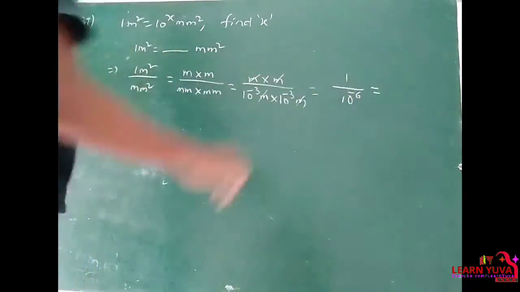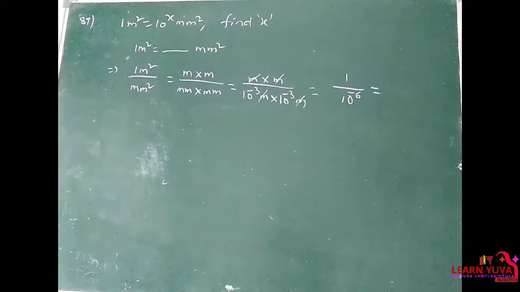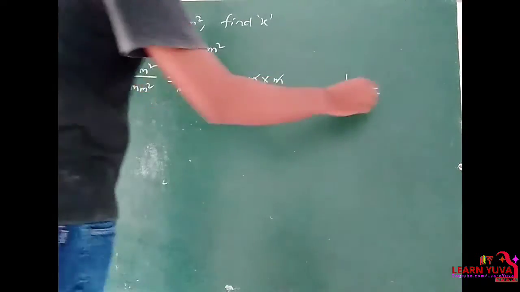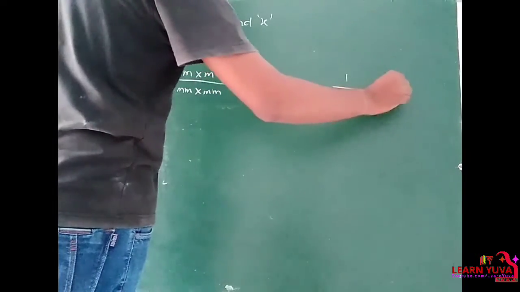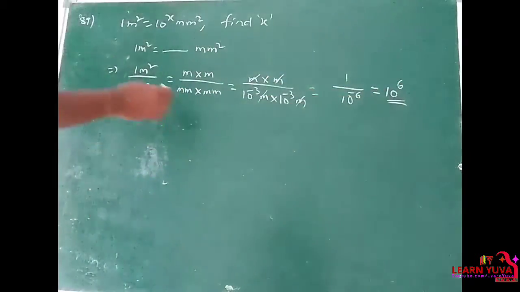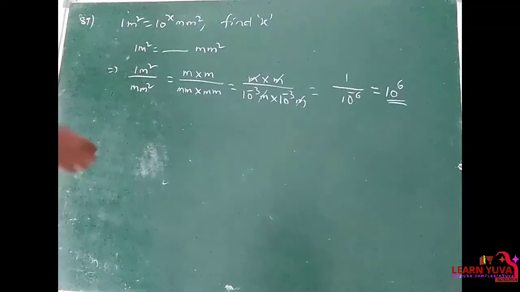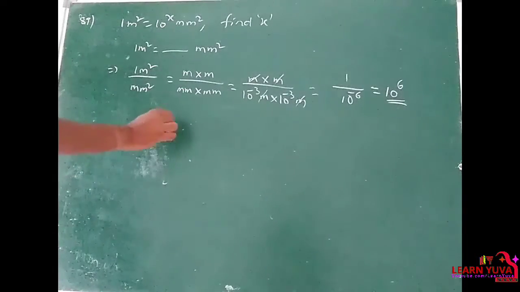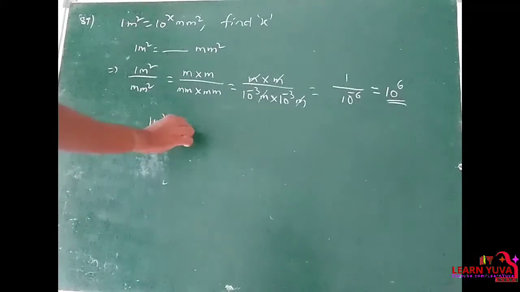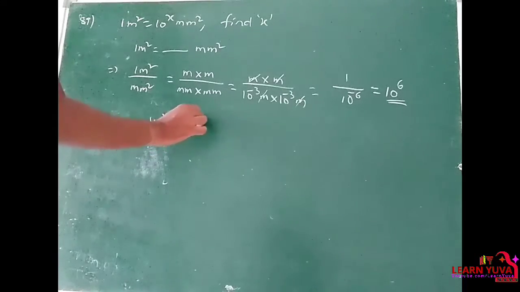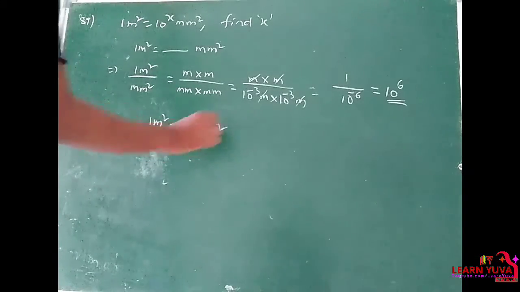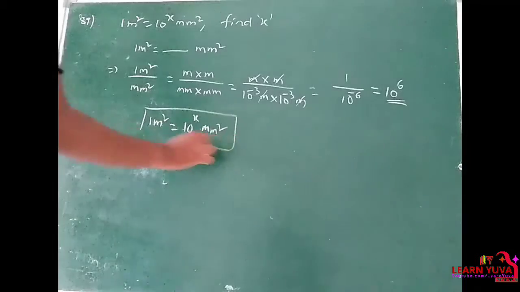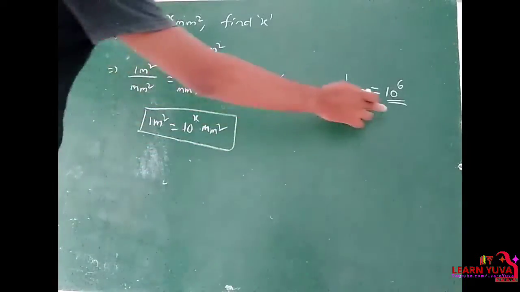So here 1 by 10 power minus 6, that 10 power minus 6 value can be written as, when it comes to the numerator, this value becomes 10 power plus 6. So if you observe from the question, 1 meter square is equal to 10 power x millimeter square. It is a question. Compare this with our answer.